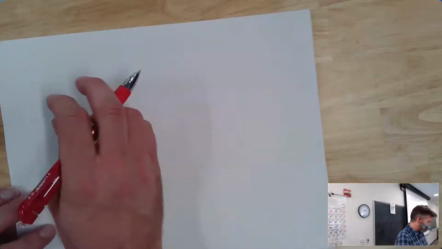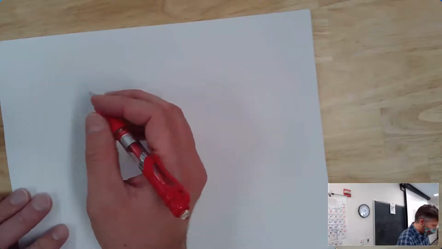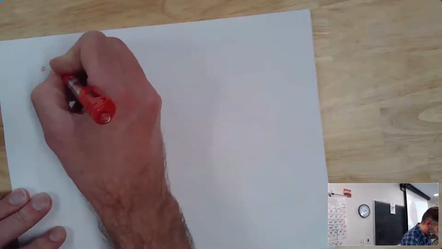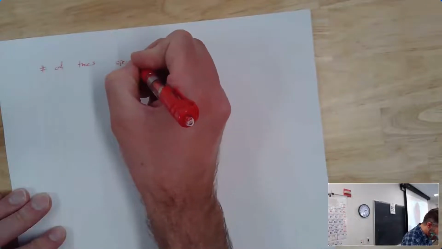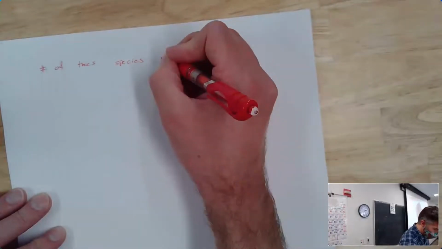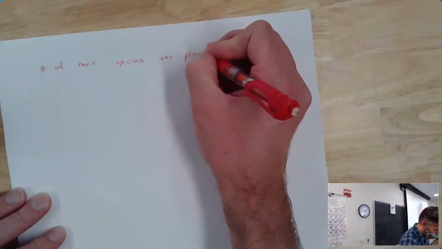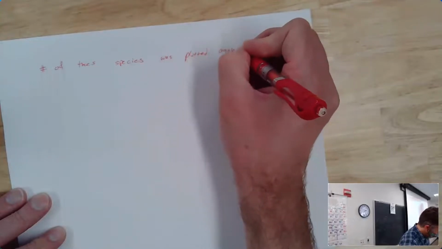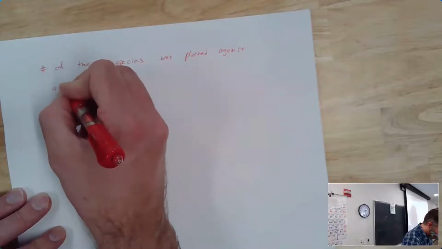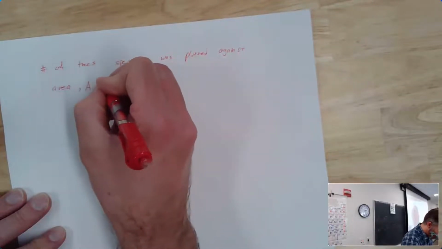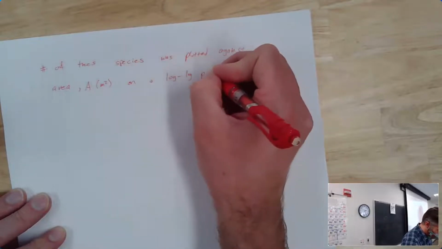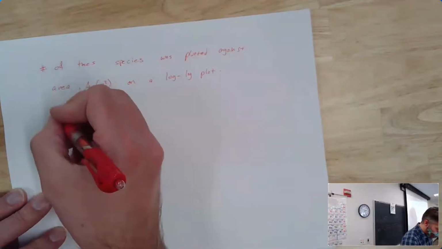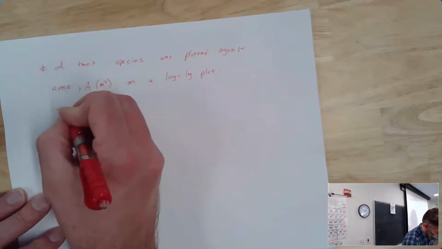So I should write down things. In a case study of the biodiversity of trees in the tropical rainforest, the number of tree species was plotted against the area in meters squared on a log plot. A straight line resulted, obviously.